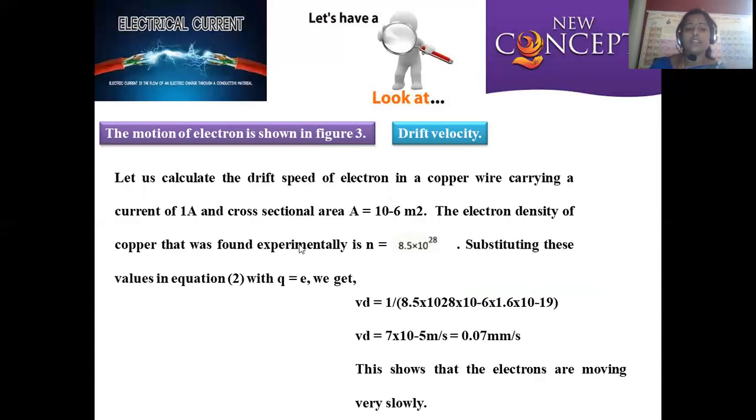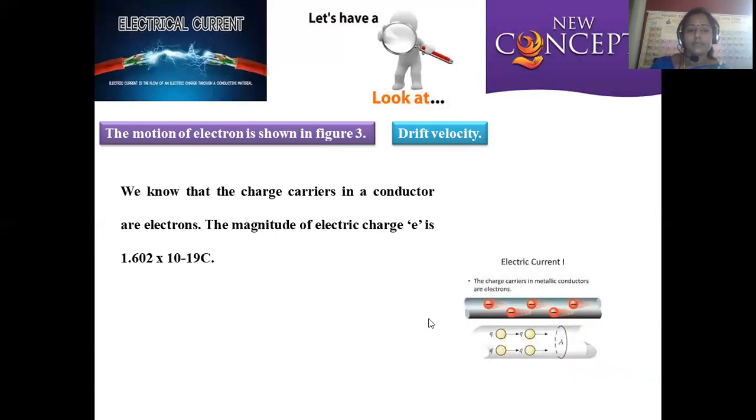So if all the parameters are well known, we substitute all these values in equation number 2, which we just saw, where q is equal to e. Then we will get Vd is equal to, here the electrical current I is equal to 1 ampere. That's the reason why we are substituting I is equal to 1. And the n value is 8.5 into 10 to the power 28.